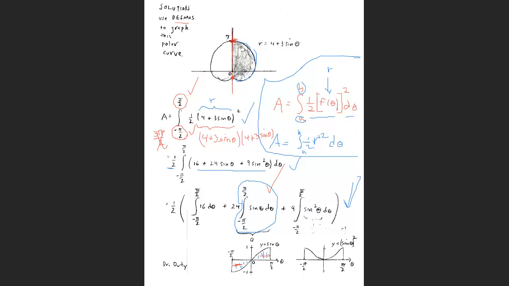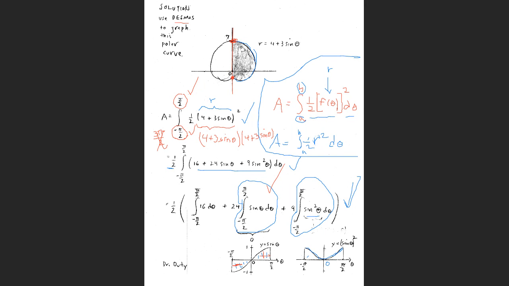And the third integral, sine squared theta, is the integrand there. What I've done is I've graphed the sine squared of theta about theta equals 0, from negative pi over 2 to pi over 2. And that function is symmetric about the y-axis.